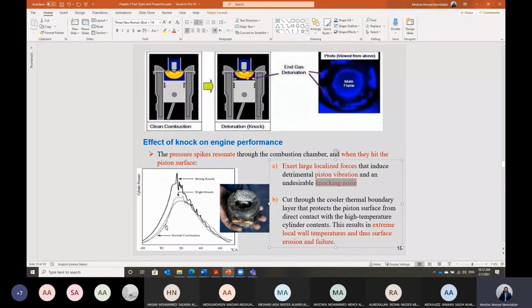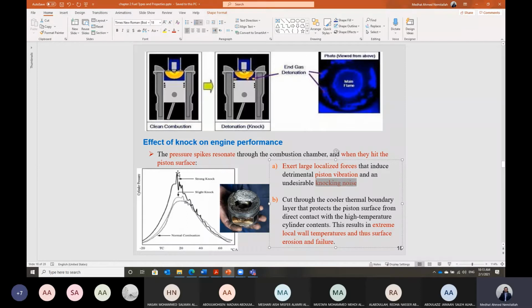If you look here at this pressure crank angle diagram, this is the top dead center. Before the top dead center, usually the combustion is initiated by the spark plug. As the piston moves up toward the top dead center, the pressure gets higher due to the initiation of the combustion. If some knocking occurs inside the cylinder, this results in a very high pressure peak.